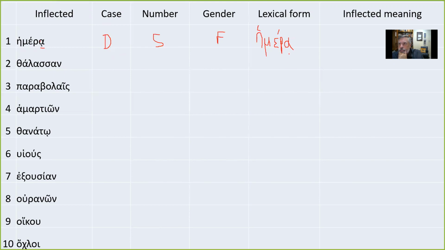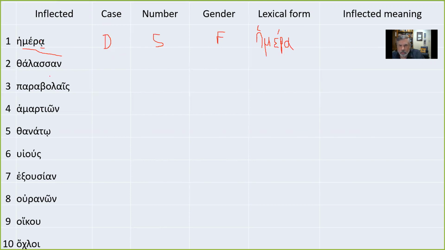Its lexical form is the form that you would find in the lexicon. It is generally in there as the nominative case. The inflected meaning, meaning the meaning that is in our text, would be in the dative, so it would be to, in, or with a day, or to or with the day.